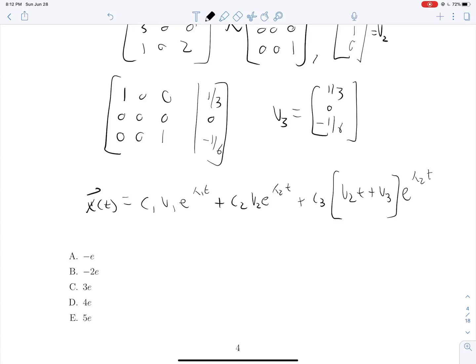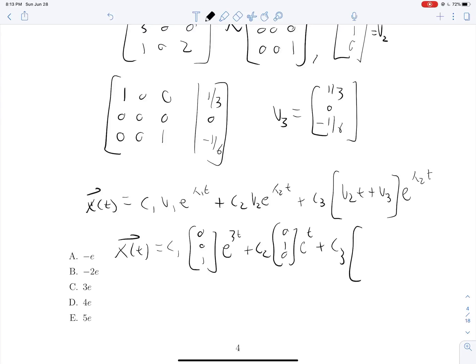Let's replace all of these. x of t is equal to c1 v1 e to the lambda 1 t plus c2 v2 e to the lambda 2 t plus c3 times (v2 times t, so that's 0, 1, 0, t, plus v3, so 1/3, 0, negative 1/6) e to the lambda 2 t. Great.